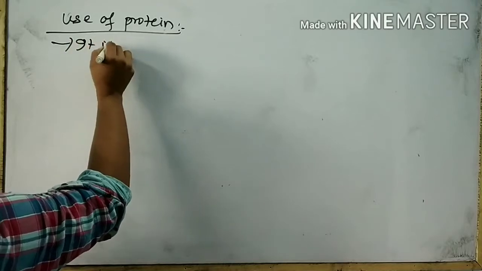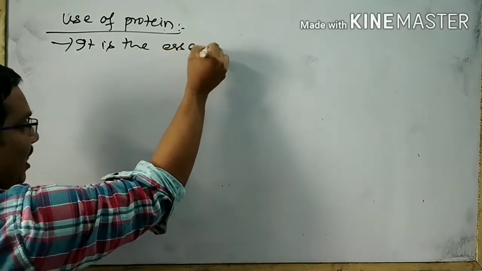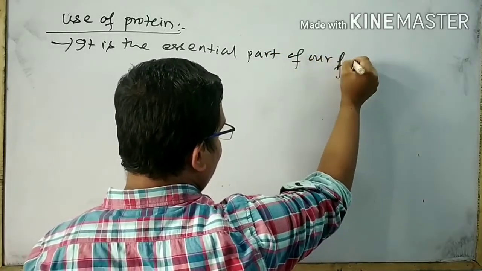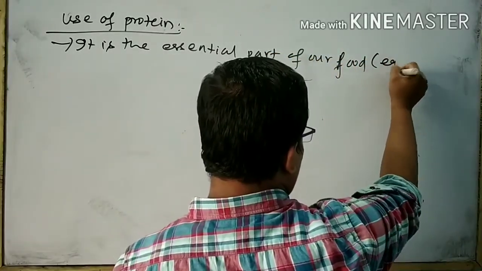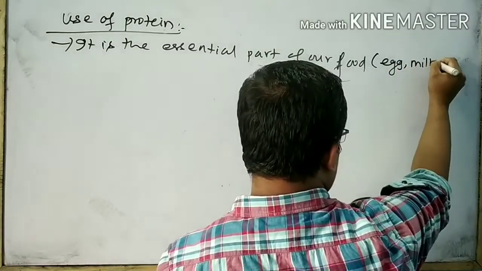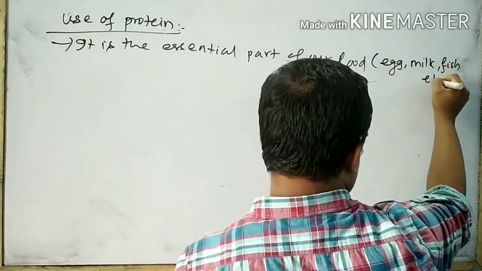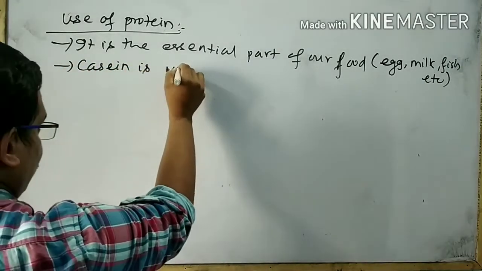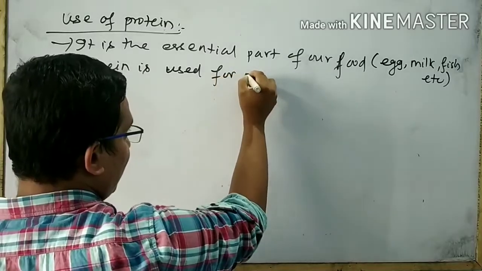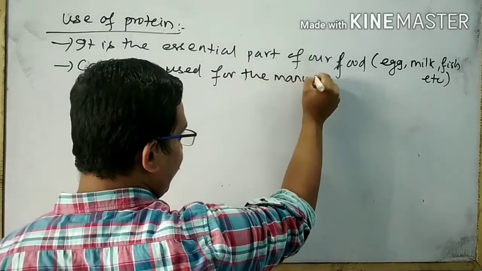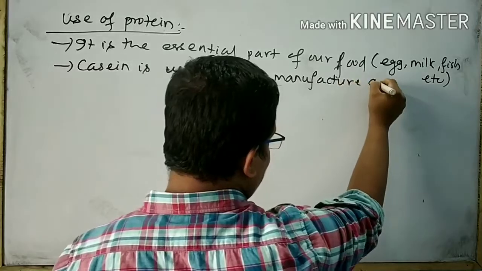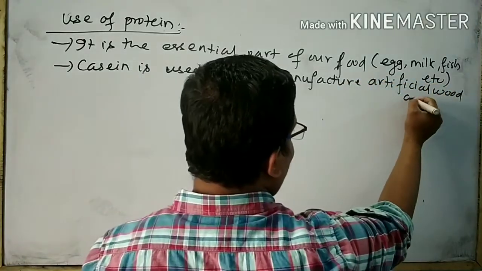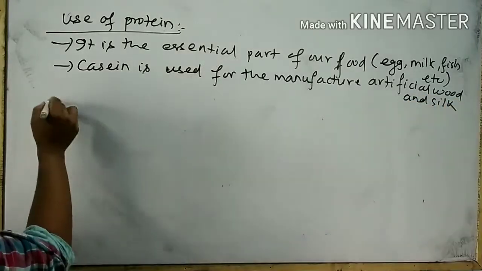It is an essential part of our food, generally found in egg, milk, fish, etc. Casein is used for the manufacture of artificial wood and silk.